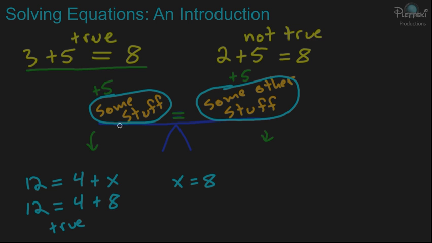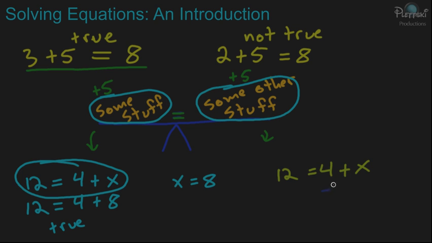Okay, now, like we had mentioned before, if you add something to one side, you can add the same thing to the other side, and it's still going to be equal. So if we added 5 to one side and 5 to the other side, it's still going to be equal. And we can do that with this equation here. If we write 12 equals 4 plus x, now instead of adding to both sides, I can also take away from both sides.